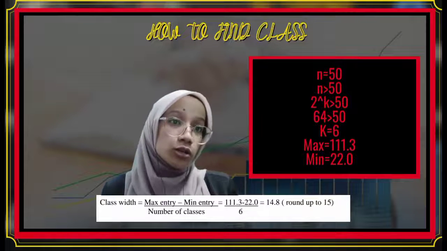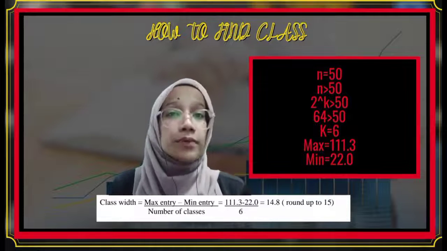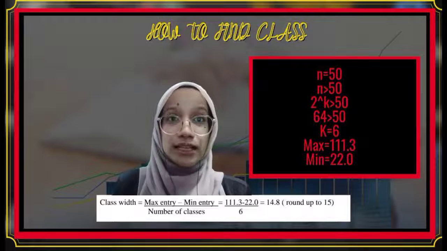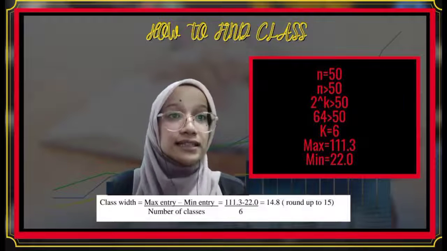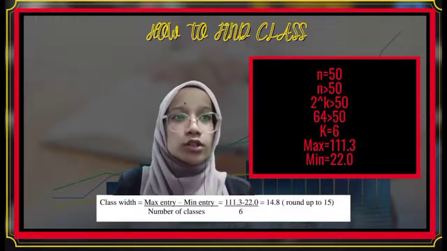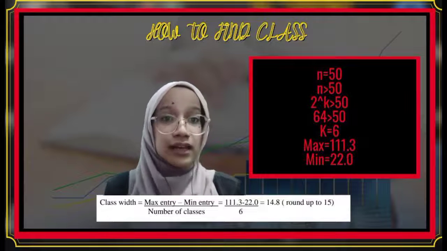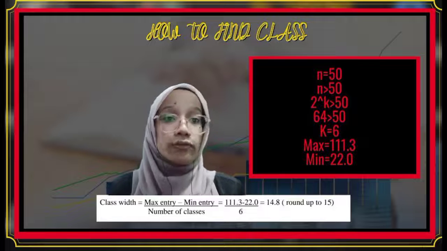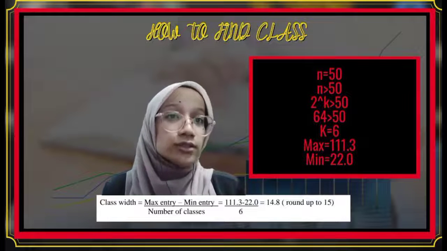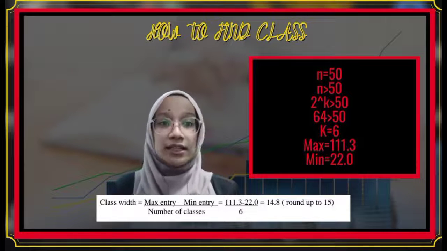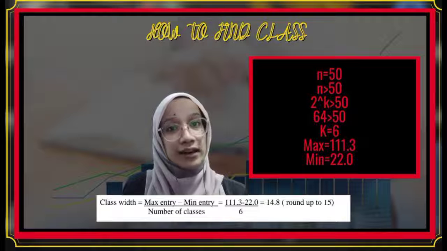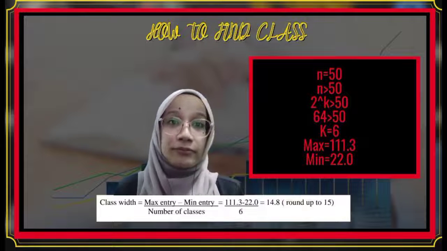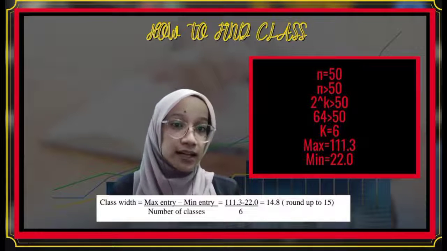Now we need to calculate the class width. Before we calculate the class width, we must find the number of classes. To get the number of classes, we use the formula 2 power of k equal to n. First step, we need to make sure the number of classes is greater than the previous 15 data.